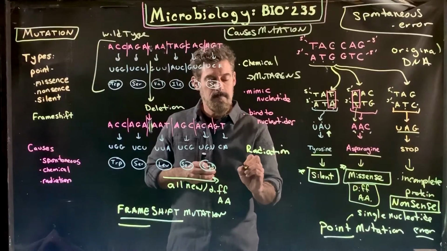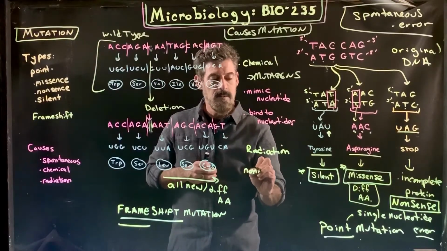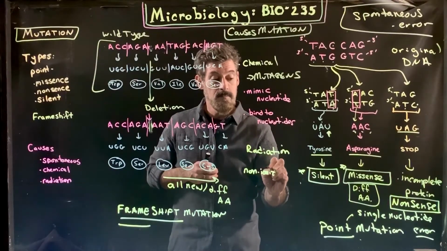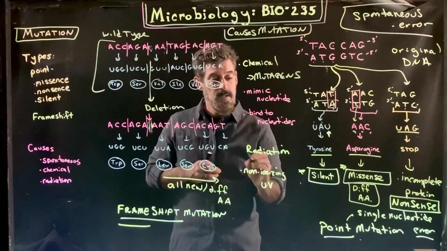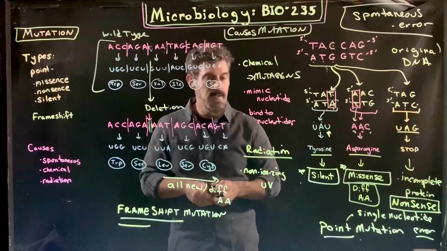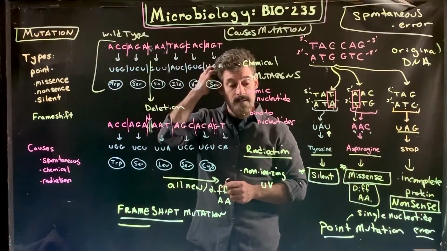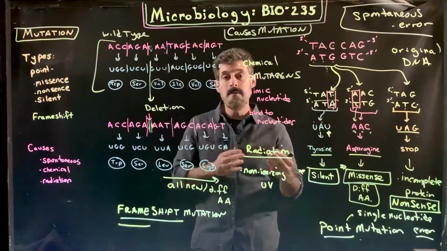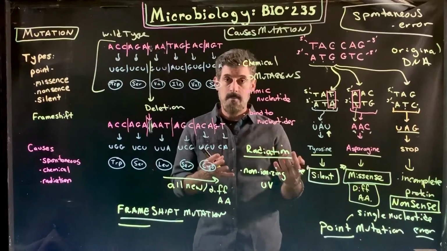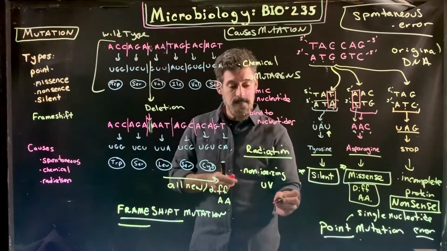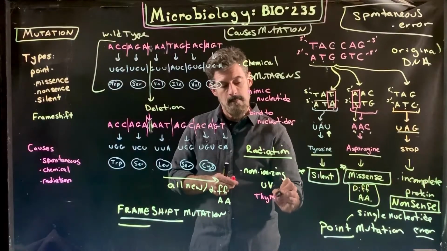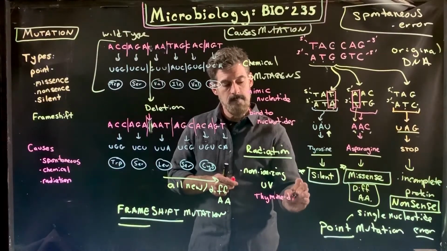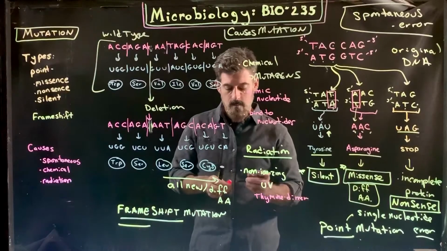So you get non-ionizing radiation, like ultraviolet light. This is where we're typically going to break things like hydrogen bonds, and then the hydrogen bonds may reform, and they may reform in inappropriate ways. So you might get dimers, so a thymine dimer may form.